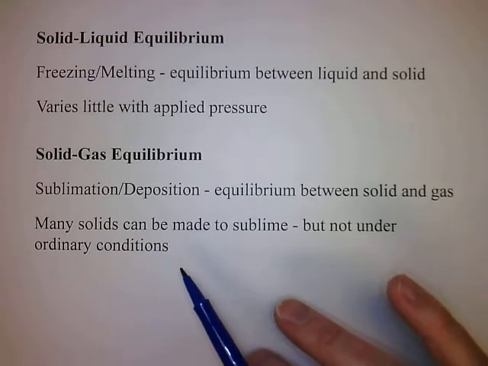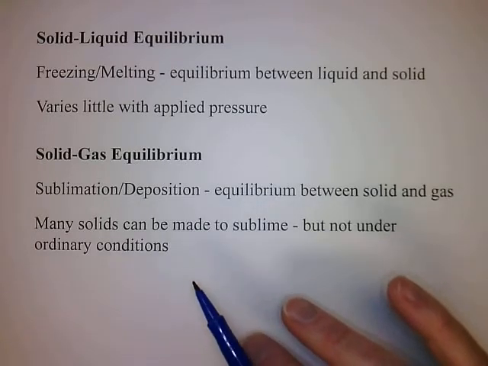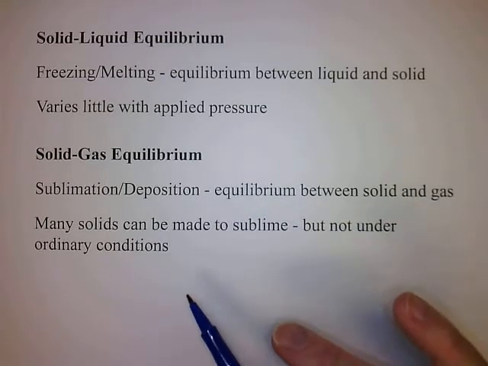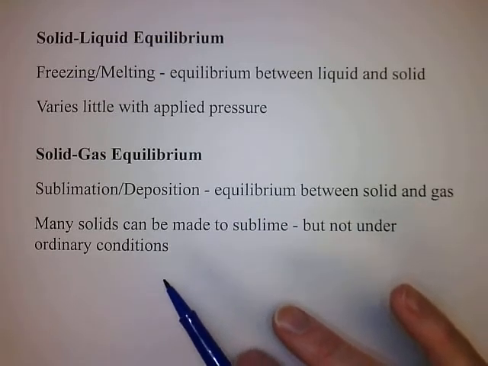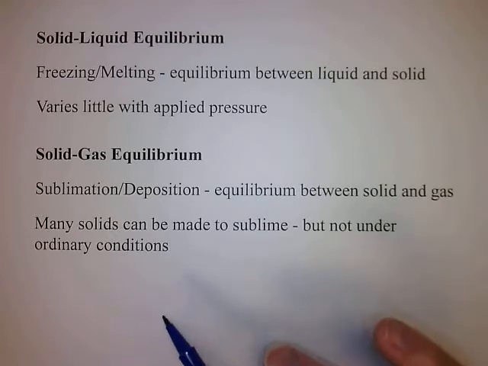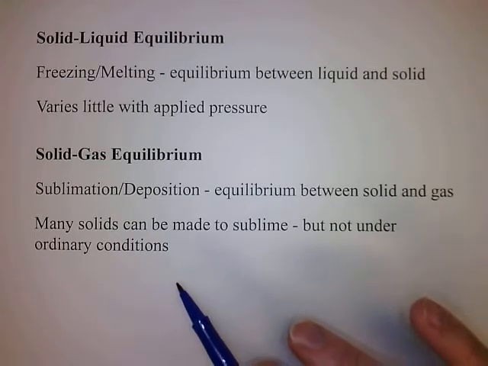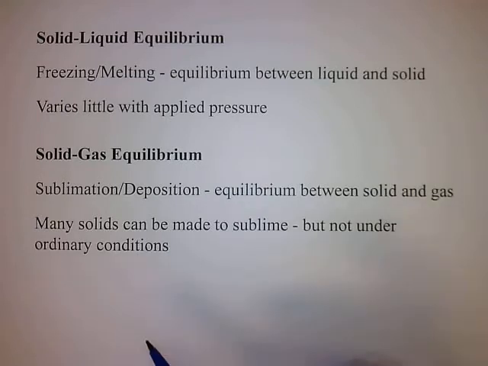The most common example of something that sublimes is dry ice, which is frozen carbon dioxide. At room temperature, or atmospheric pressure rather, it goes from a solid directly to a gas without going through a liquid state.